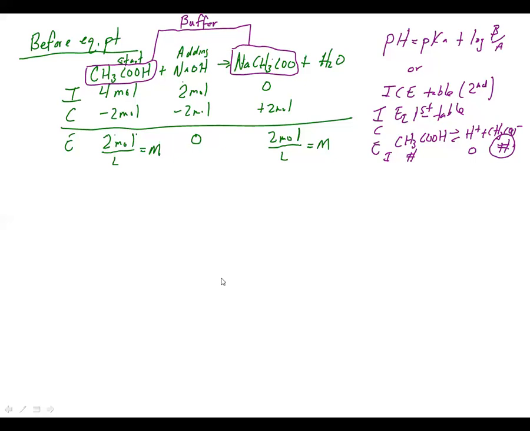So part 3 of the buffer experiment that we're going to be starting is almost like this reaction right here, where we react a weak acid with a strong base. And again, the strong base is not part of the buffer, but it's able to generate a buffer as a result of that reaction.